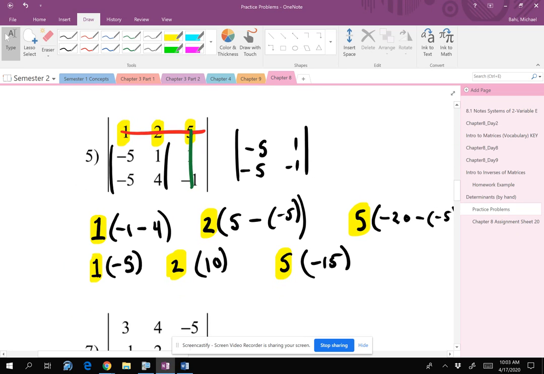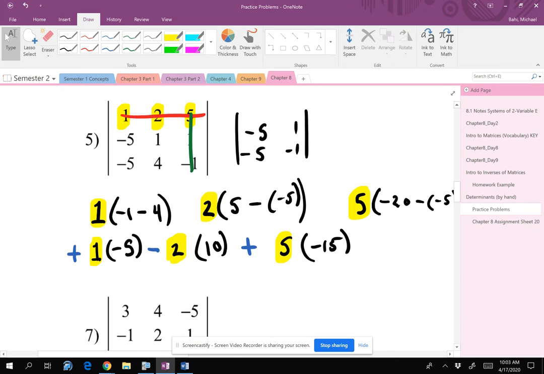So we've reached this point. This is the one part you're going to have to remember: the sign that you place in between each term. The first one is plus, the second one is a minus, and the third one is a plus. Notice the signs I have in blue are what you're always going to put in.